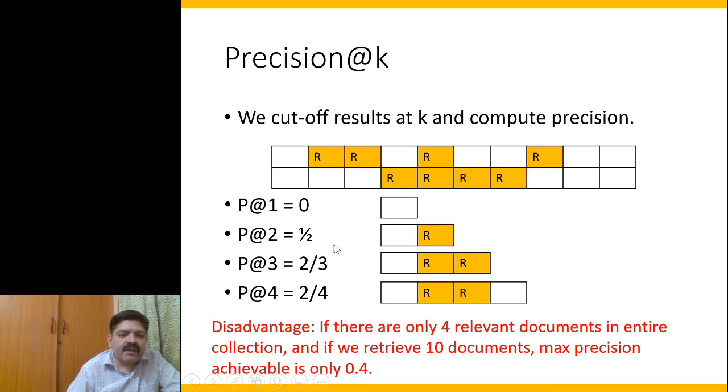Now, we could find out precision at different levels and give more priority to precision at 1 and then to precision at 2 and so on in that order. But even this has a disadvantage: after I've exhausted all relevant documents, adding more and more documents would only reduce my precision value.